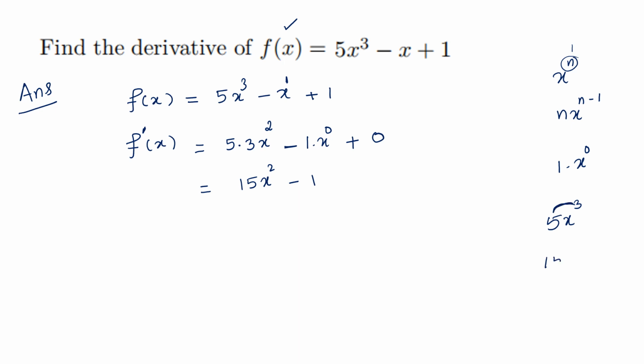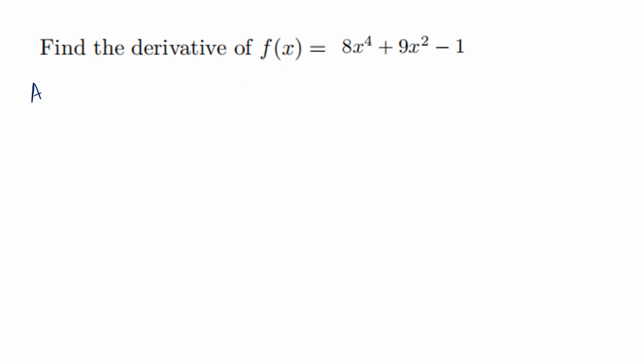So 15 x power, what is the number here? 3 minus 1, 2 we can write. So no need to write step by step. That directly you can write 3 times 5 is 15, like that. And here what is the power? Subtract by 1. And remember derivative of x is 1. No need to write 1 times x power 0 like that. So directly you can remember derivative of x is 1. Okay.